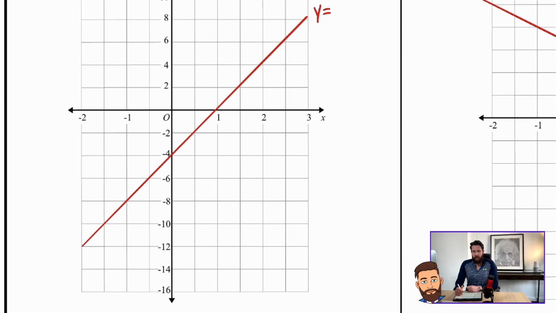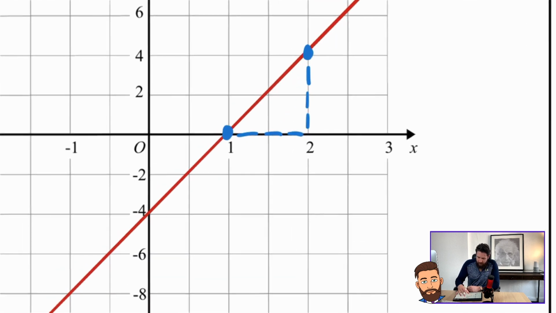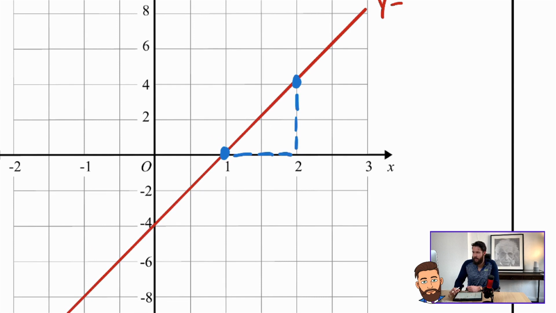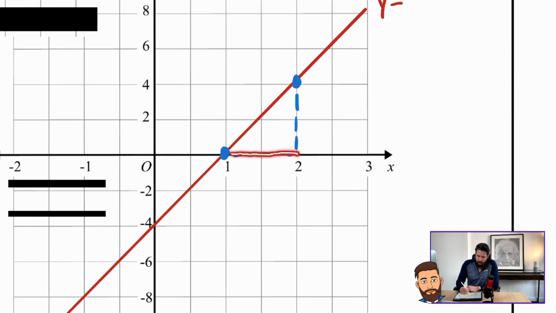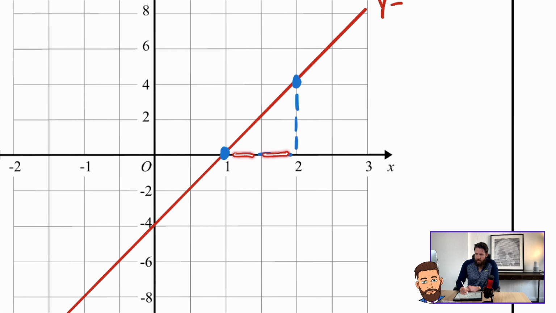So I'm just going to pick this point here and let's say this point here. Okay. So how many across and how many up is what we need to decide. Well, we have to be careful here. We have to be really, really careful. How many across is my line here? Well, it's 2 squares across. But does that mean that it's 2 units across?